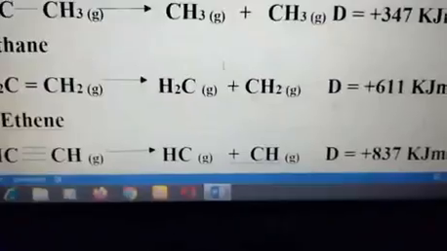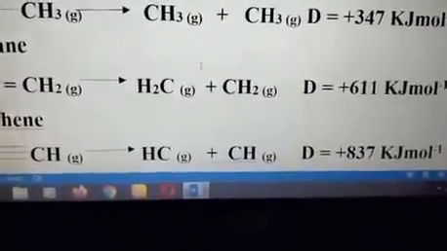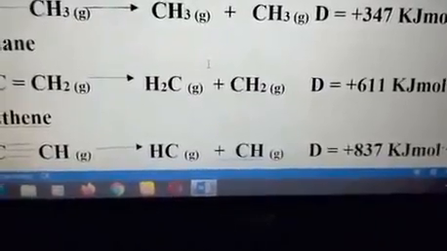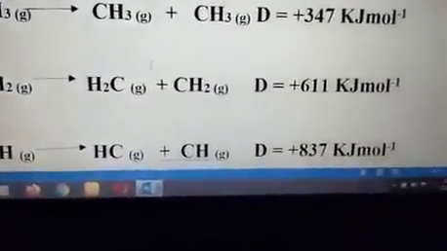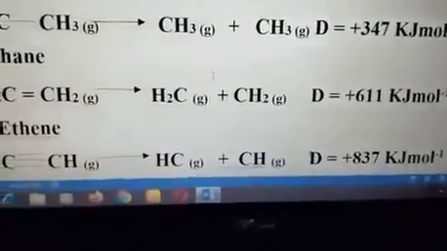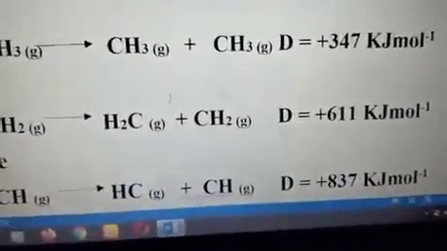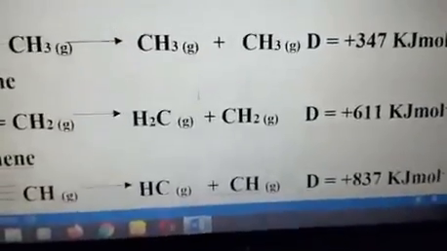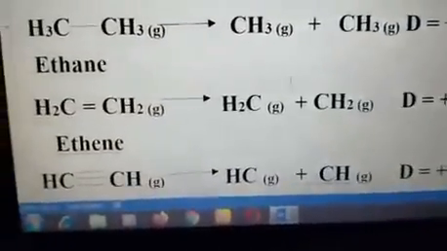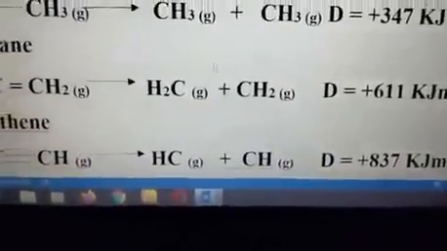When we split ethene into 2 methylene groups, H2C and also CH2, that CH2 is called the methylene group in gaseous form. We need 611 kilojoule per mole of energy. So you see that ethene requires a higher energy to split the double bond compared to ethane. So the higher the number of bonds, the higher the bond energy.